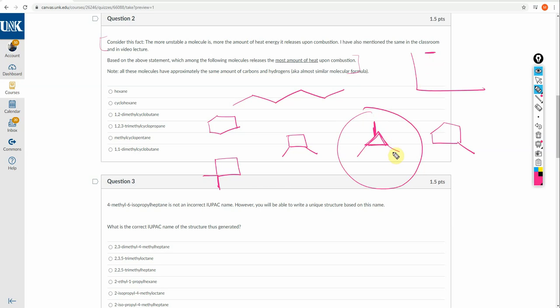Therefore when you burn this, it will release the most amount of energy, whereas the other ones which are more stable are going to release less energy, because finally they all end up giving the same product. Okay, so the answer to this is 1,2,3-trimethyl cyclopropane.